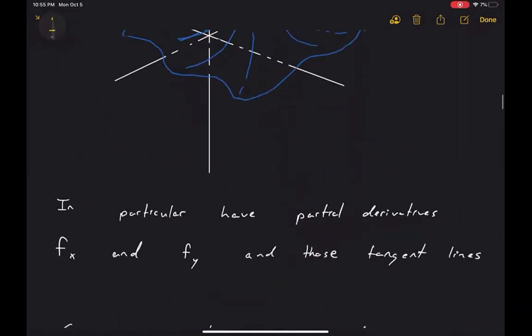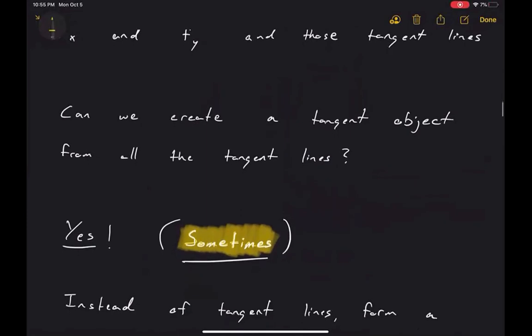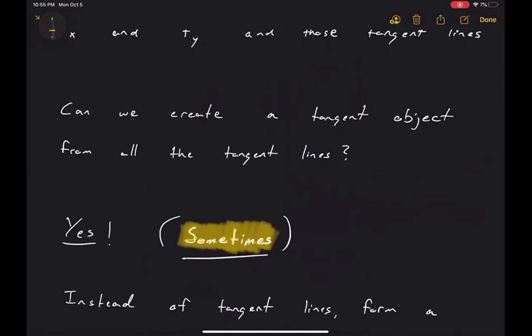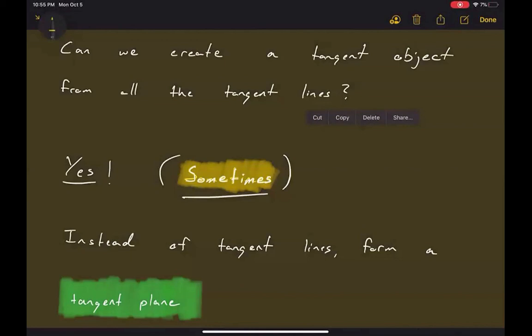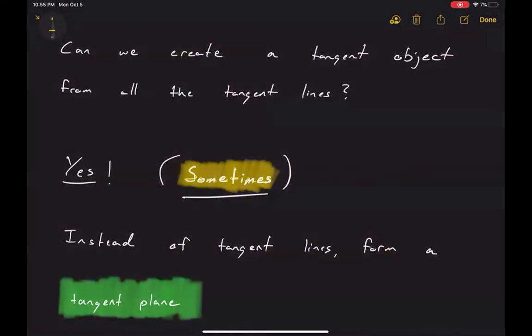But maybe I could approximate it with something of higher dimension. Is there some tangent object I can make from my function? And the answer is yes, sometimes. We can't always make one of these linear approximations, but if our function's nicely behaved, yes, we can make one of these tangent things.